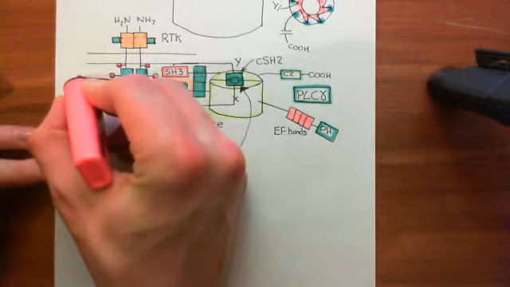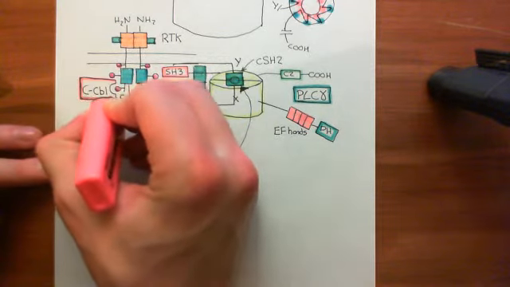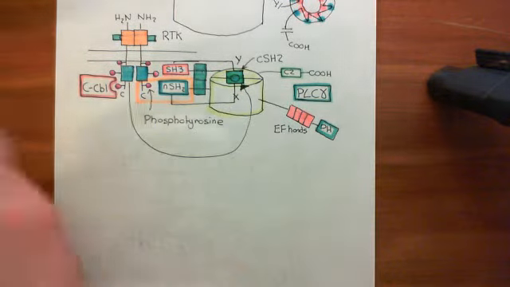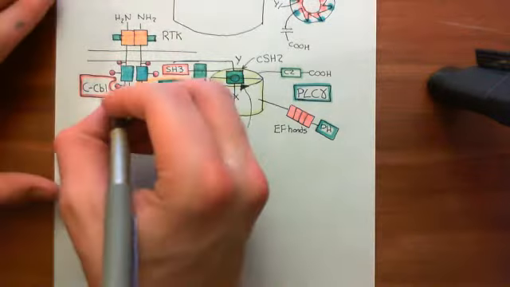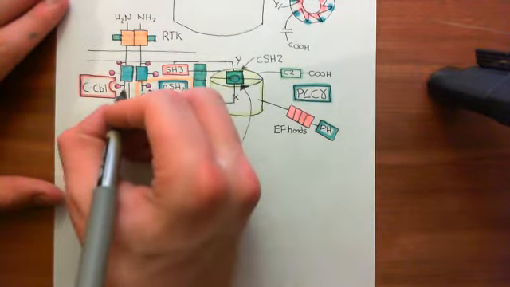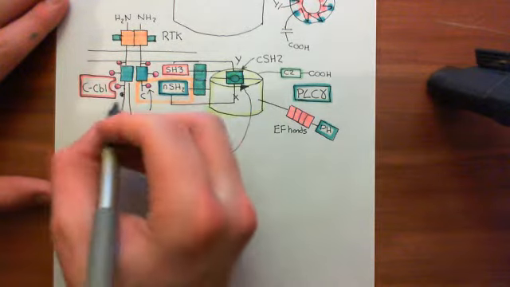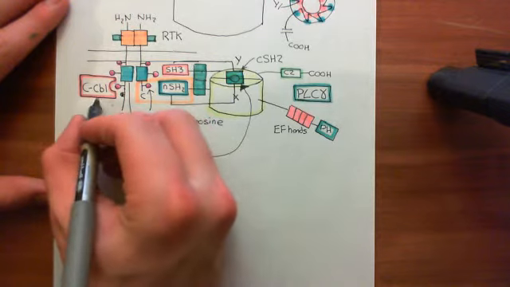Now what does C-cBL do? Well, basically, it attaches ubiquitin groups onto the receptor tyrosine kinase. So where shall I draw this? I'm just going to extend the cytoplasmic tail of my receptor tyrosine kinase so that I have some room to work with. So what is C-cBL going to do?